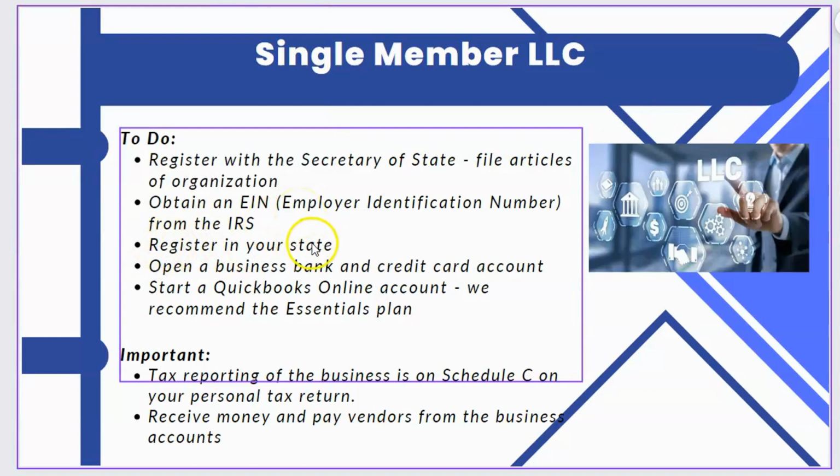Next, you want to register with your state. This is different than the Secretary of State. Like in the state of Illinois, there's a Secretary of State where you register your organization. And then there's another site, and unfortunately with the state of Illinois, maybe other states are different, but this registration and the one with the Secretary of State don't talk to each other.